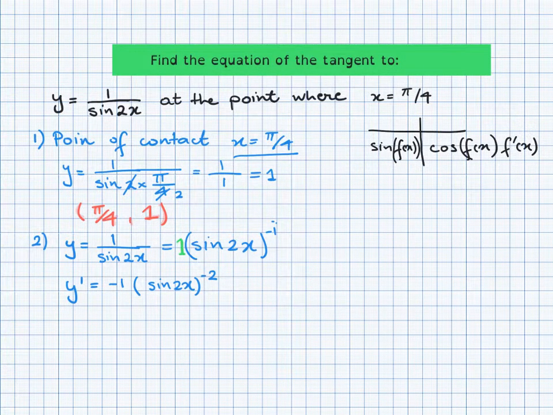We apply the same rule here. So the derivative of sin of 2x is equal to cos of f of x, in our case 2x, and then the derivative of 2x, which is times 2.